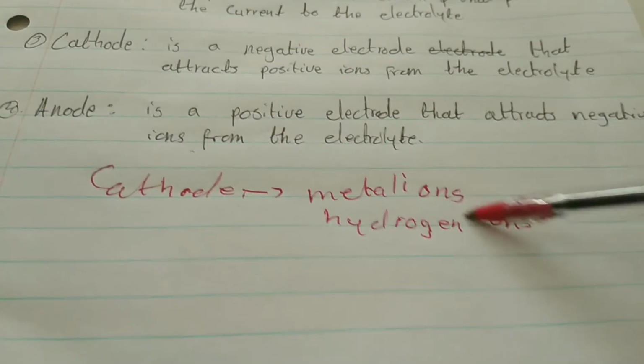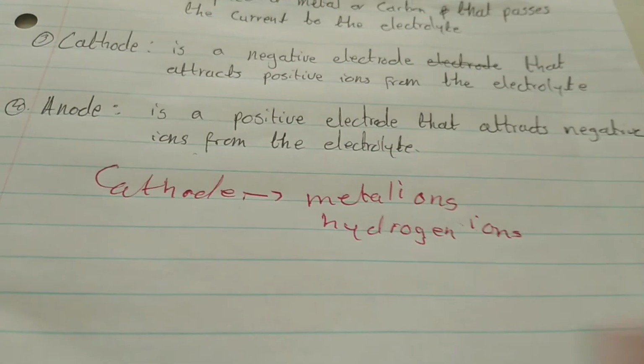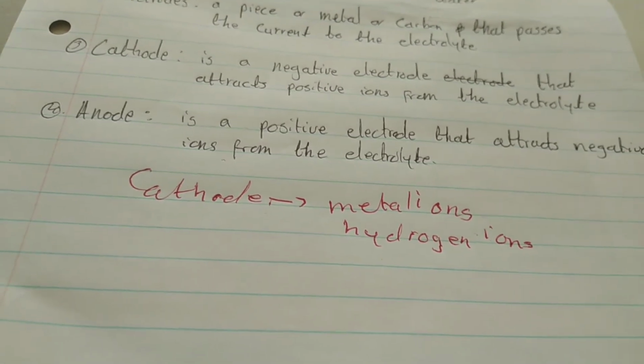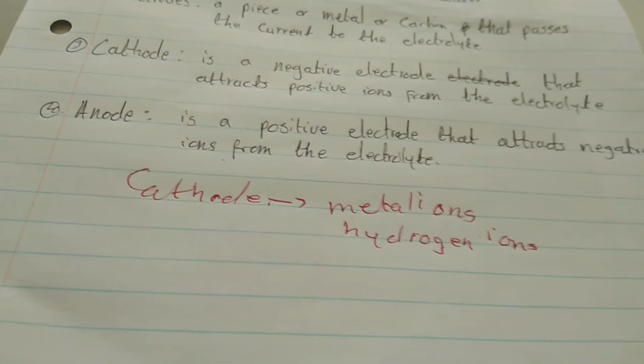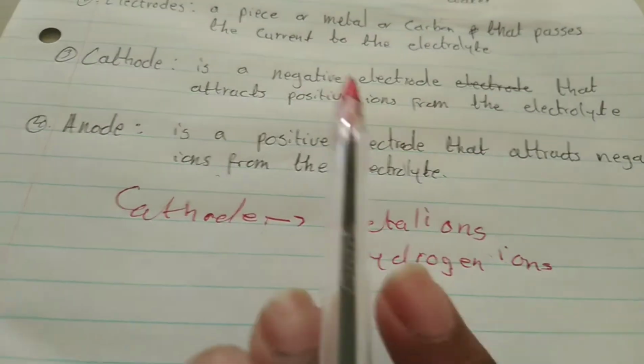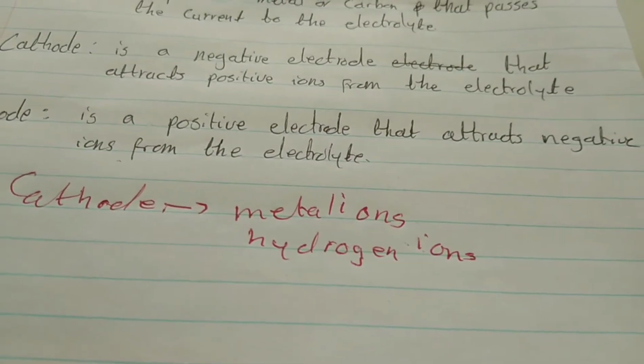Why? Because the cathode is negatively charged. For the positive ions to be attracted at the cathode, that's why we call it a cathode. It means that it attracts the cations.